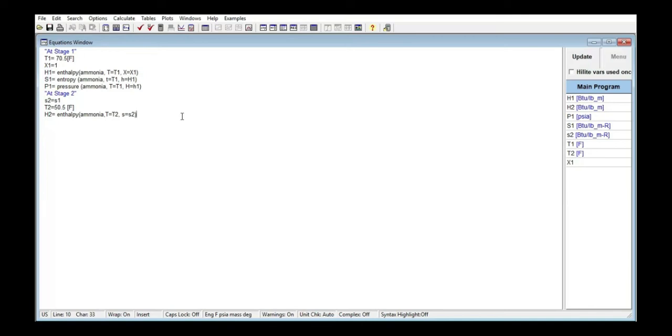As it is isentropic, we will add S, and as we have been given the efficiency as 80%, eta is equal to 0.8, and we will calculate the actual enthalpy. So eta is equal to H1 minus H2 divided by H1 minus H2S, which we have calculated. We will get the H2 value from here as we solve it.